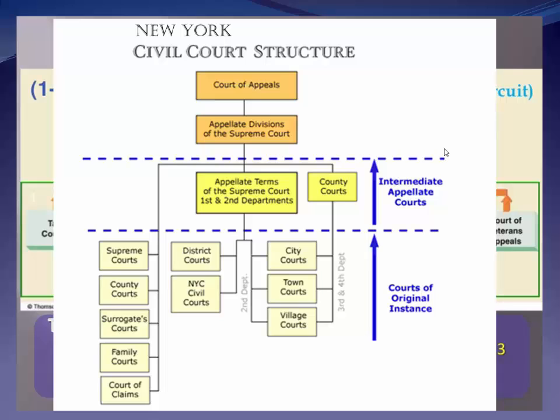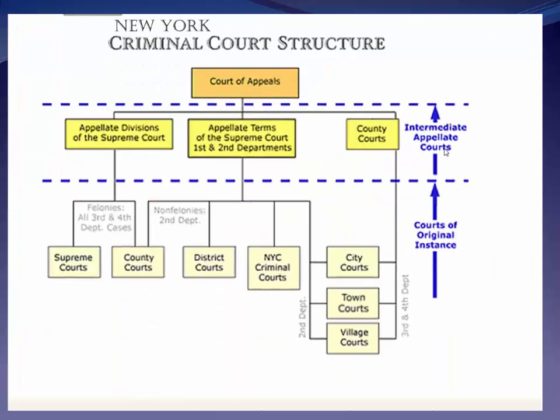And then finally at New York, the court of last resort is the Court of Appeals. And just take a real quick look at the New York criminal court structure, which is very similar to the civil court. There's a variety of trial courts which feed into the 4 appellate level courts that ultimately appeal to the Court of Appeals as the court of last resort.